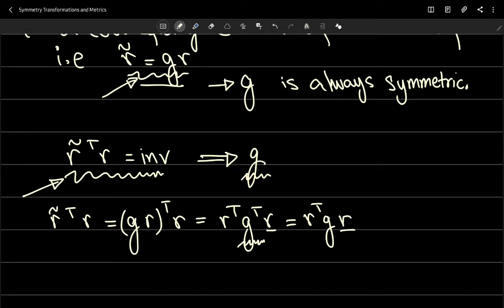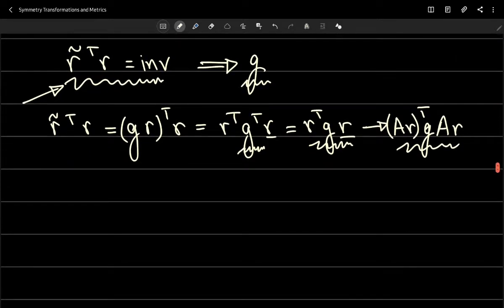Now under a transformation matrix A, this would transform as A R transpose G A R, right? So this thing transforms as this thing over here under a transformation matrix A. So this thing is then equal to R transpose A transpose G A R.